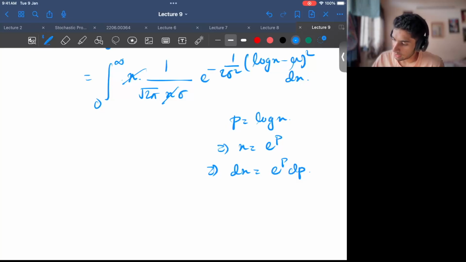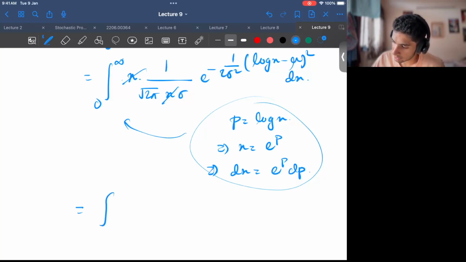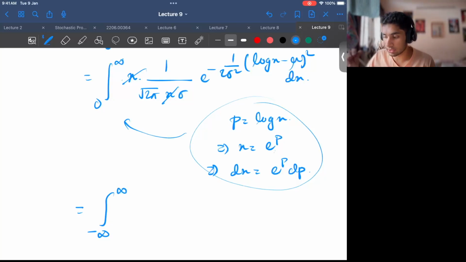Use this change of variables and plug it in this integral. When x is 0, t is log of 0, which will be minus infinity. And when x is infinity, log of infinity will be infinity. So the range of t is minus infinity to infinity.